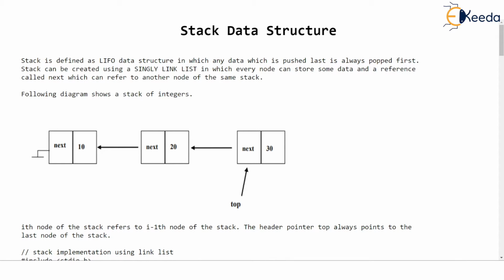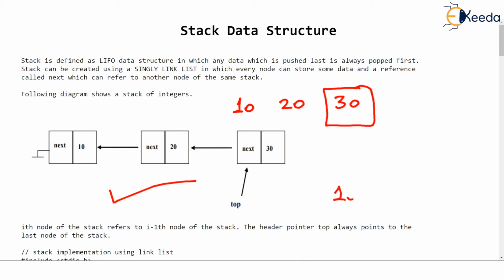Now, actually, what has happened is that the operator, while running this program which created this linked list, entered 10 first, and then inserted 20, and finally entered 30. So 30 actually was the last node inserted. Please try to understand. The stack says that if 10 was inserted in the bucket first, then 20, and then 30, then 30 should be the topmost, or 30 should be removed first.